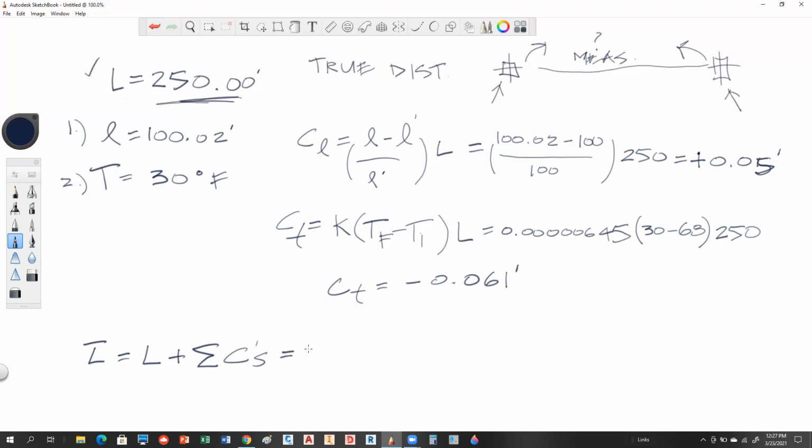So if we do that, what we see is we have 250 plus 0.05 minus 0.061. So what's happening here then? If we do that, what do we get?